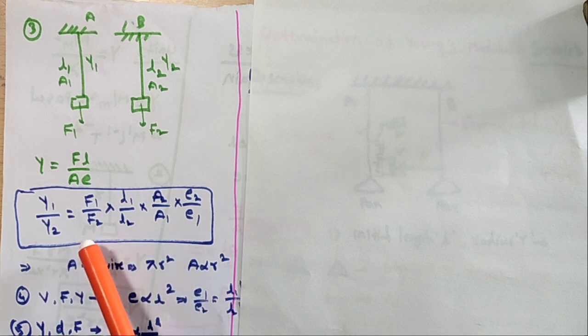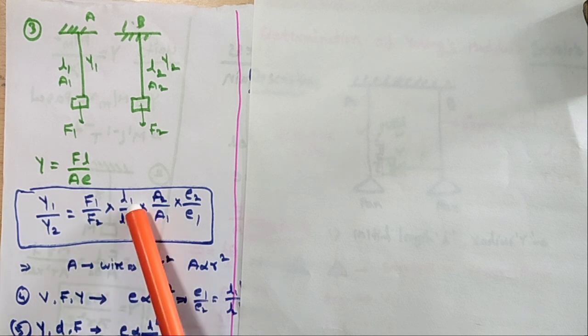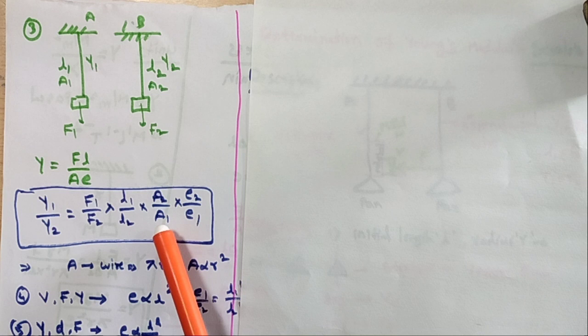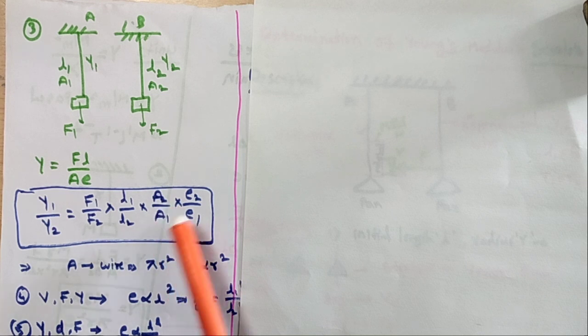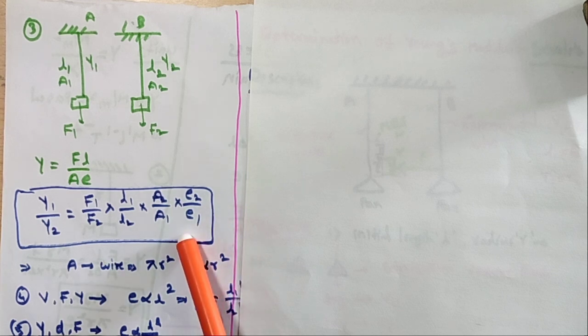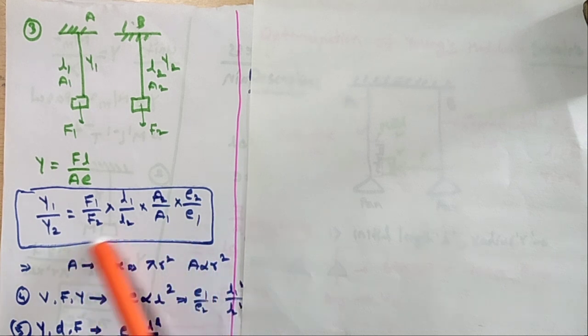Sometimes the force is equal, F1 equals F2, so it cancels. Sometimes the length is equal, so L1 by L2 cancels. Sometimes the cross-sectional area, radius or diameter is equal, so A2 by A1 cancels. Sometimes the elongation is the same, so e2 by e1 cancels. In the questions, use whichever condition is given. This is a very good relation.